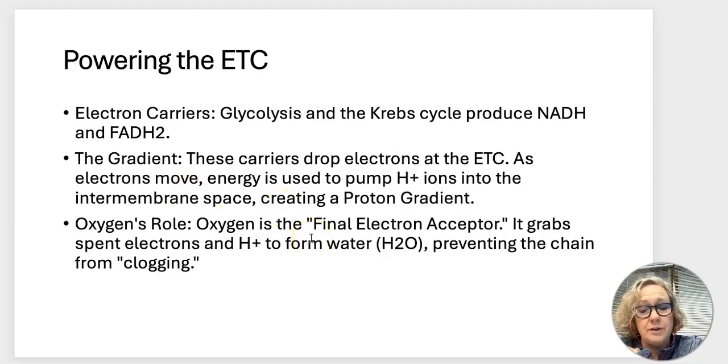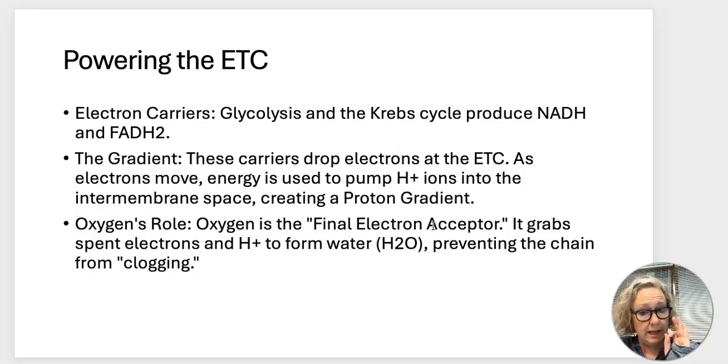Okay, electron carriers. These are NADH and FADH2. You can call them electron carriers. That is the whole point of this, to make the NADH and the FADH2 to move the hydrogen ions against their concentration gradient, to run down and power the electron transport chain. Okay, there is a gradient.